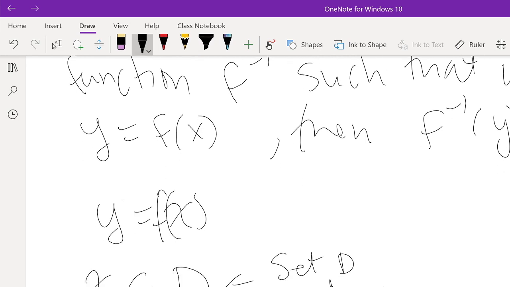And y, which is equal to f of x, is an element of some set R. The set R is the range.